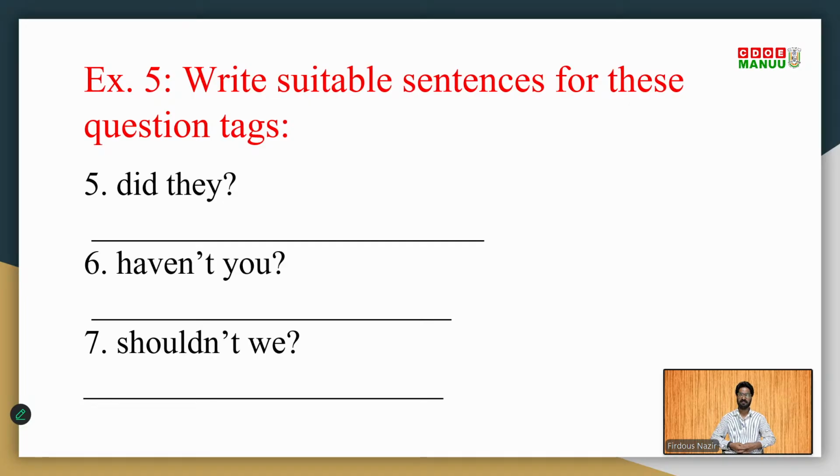For number five, it will go like this. They did not go to the market, did they? They did not write a book, did they? They did not eat food, did they?